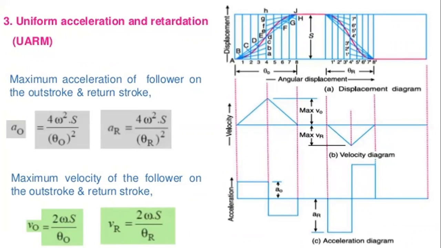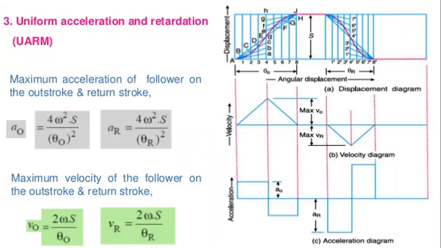In this uniform acceleration and retardation, the outstroke and the return stroke have the same type of variations. So we need to draw only the outstroke and the return stroke and divide these lines.